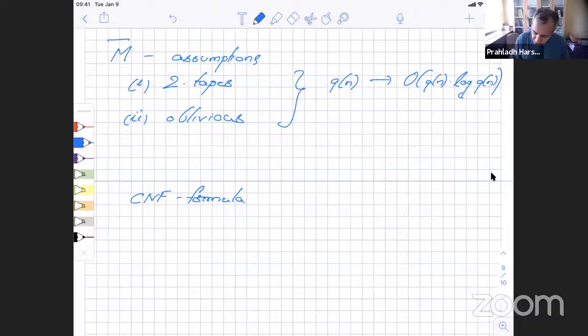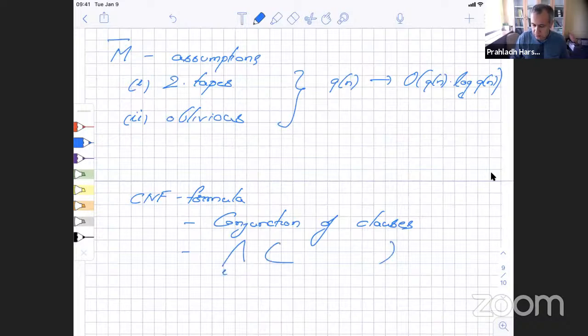What is it? It's a conjunction of clauses. So it's sort of like a big AND of constraints. There's a huge AND. The question is, somehow we can capture computation also as this big AND.